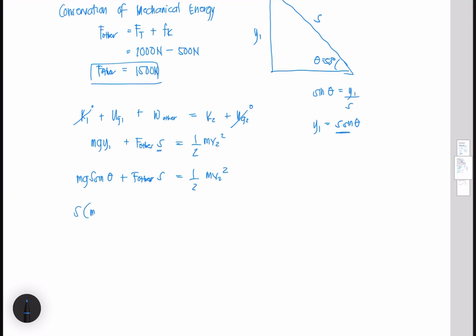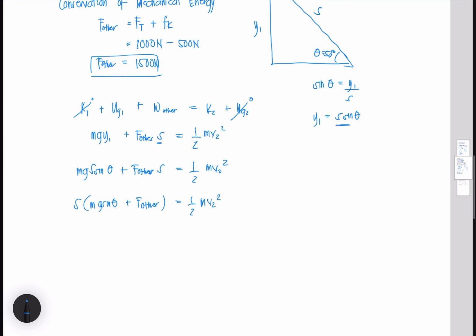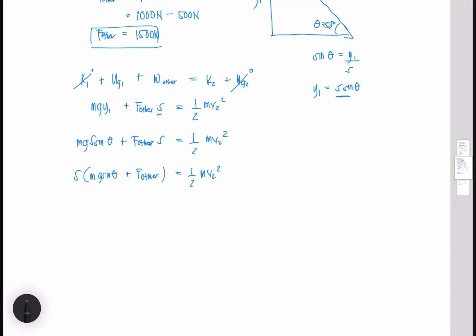And so S times mg sin theta plus the force done by the others equals 1/2 mv2 squared. Okay, and so we simply isolate S, so that we have mv2 squared all over 2 times mg sin theta plus F others.